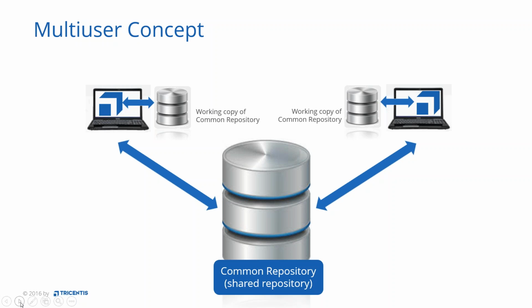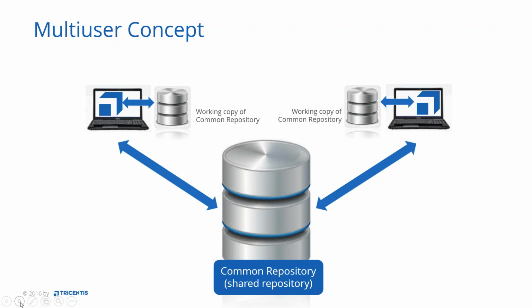However, it's not actually practical in most projects to have a single user workspace. Having a series of single user workspaces just doesn't work. So in actual fact, what we have is the multi-user workspace. The multi-user workspace simplifies data administration by saving all the data of a project to one central location, which is called the common repository.